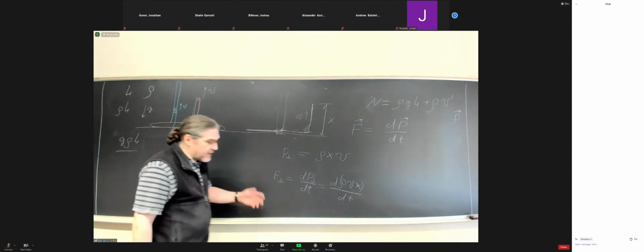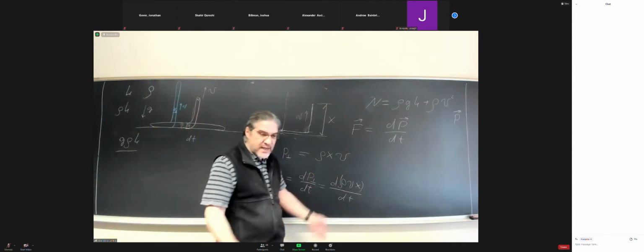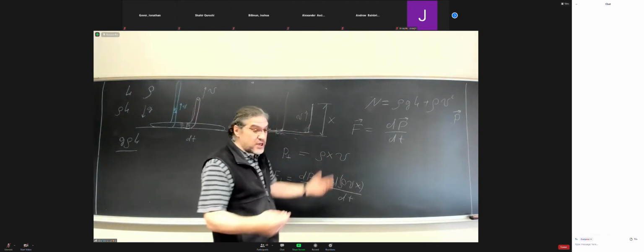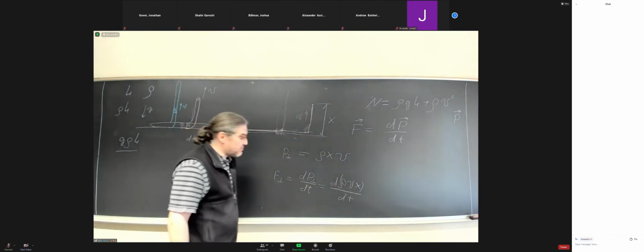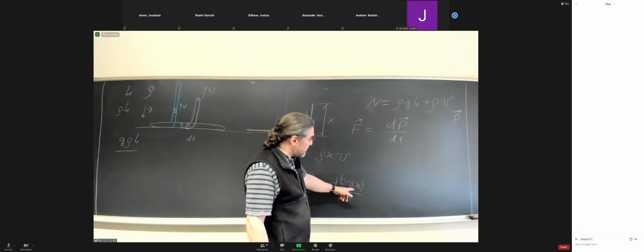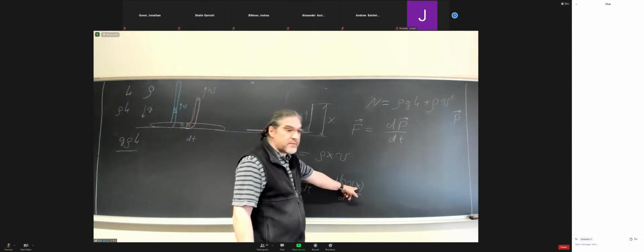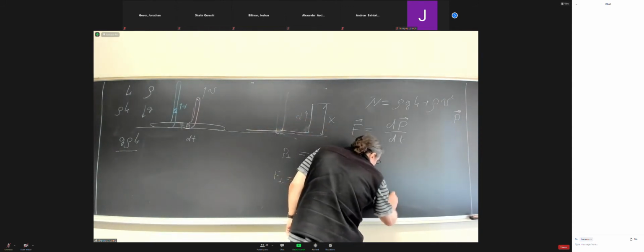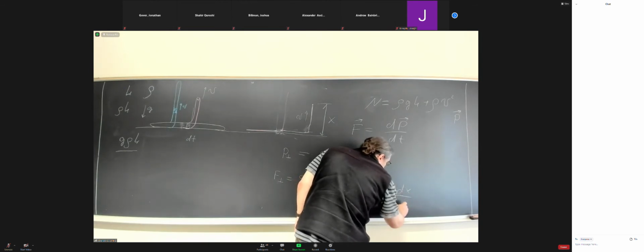Now I look at what I have here. Rho is not changing with time. Velocity v, the velocity of the head, is not changing with time. It's moving with constant velocity. And the only thing which changes with time is x. So what I have here is rho v dx over dt.